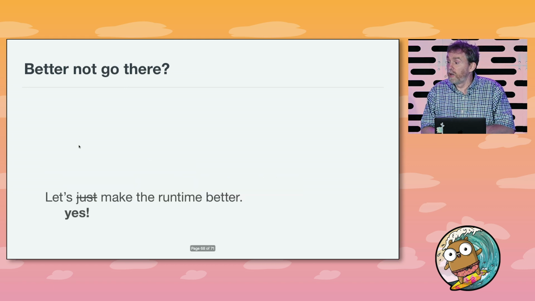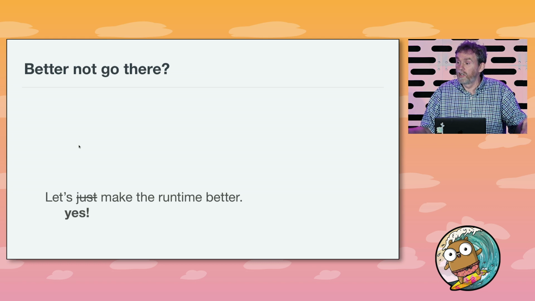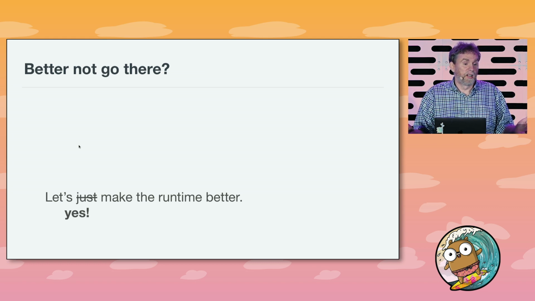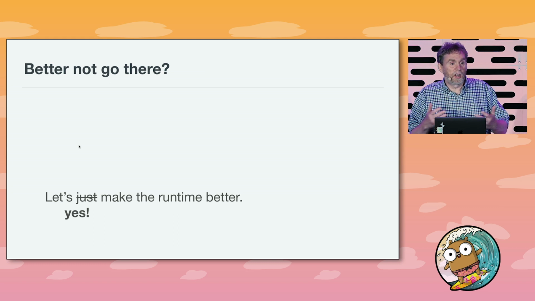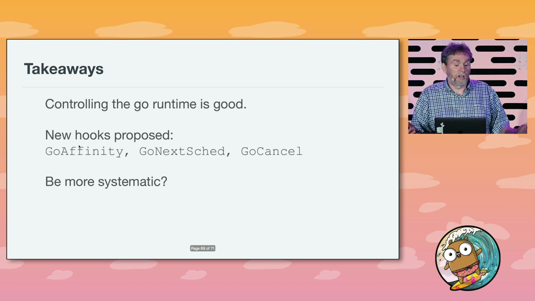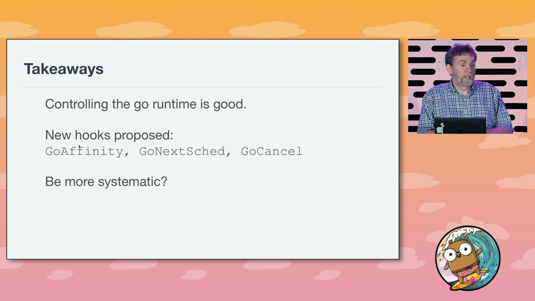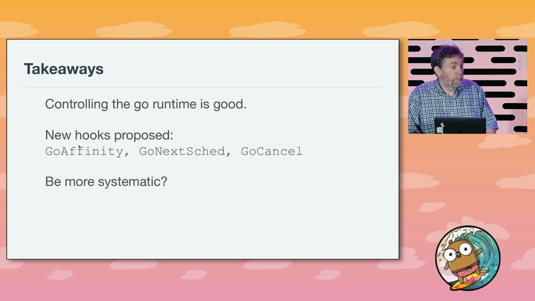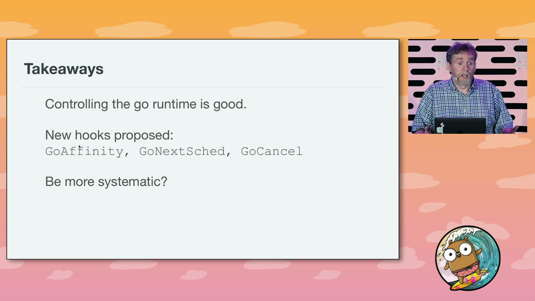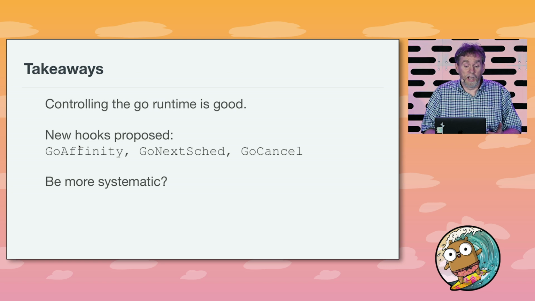Let's make the runtime better. Yes, of course. We should make the runtime better, but not just make the runtime better. We can do other things too. And so here are the main takeaways from the talk. First, controlling the Go runtime is a good thing. I tried to explain why. I proposed some ideas for how we could do it in better ways: Go affinity, Go next get, and Go cancel.